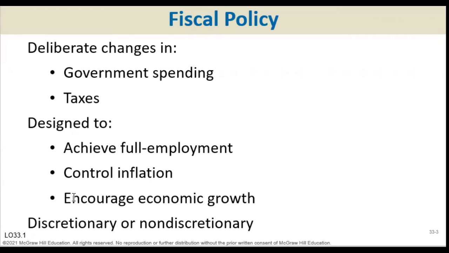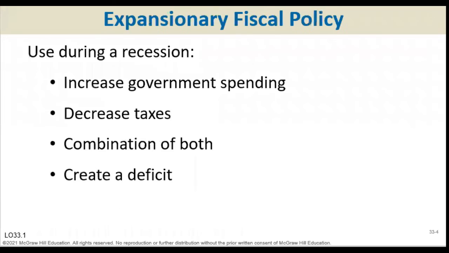Discretionary fiscal policy is often initiated by the president on the advice of the Council of Economic Advisers, the CEA. And when the president initiates it, it goes to the policymakers for approval. Expansionary fiscal policy is used to combat recession.